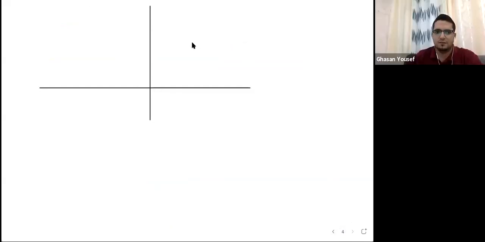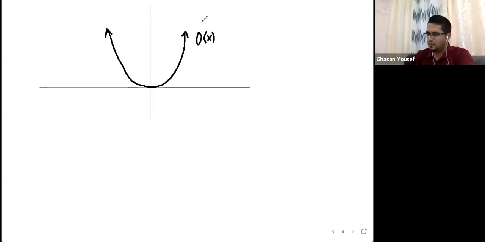Here's the graph. So this is O of x, the original function.